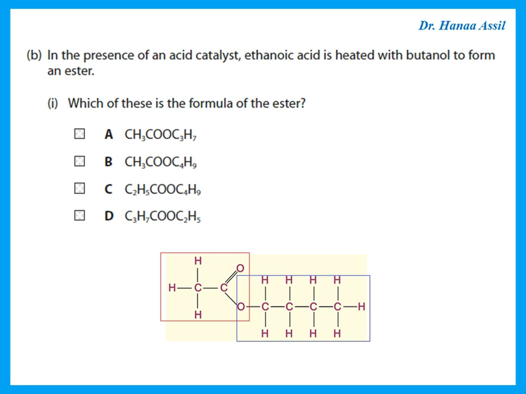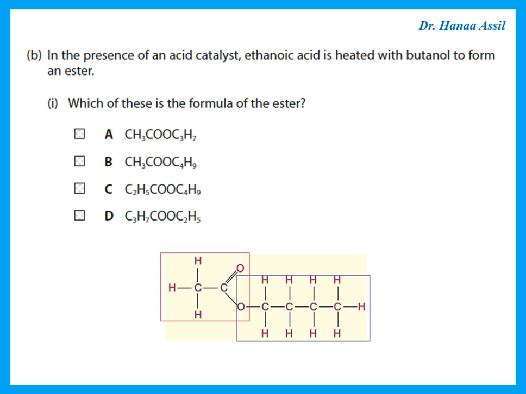Now, it is using which alcohol? We're using butanol. So that second part of the molecule is a butyl part. So it is something that has four carbons. So of course, if we were to name this ester, it would be called butyl ethanoate.